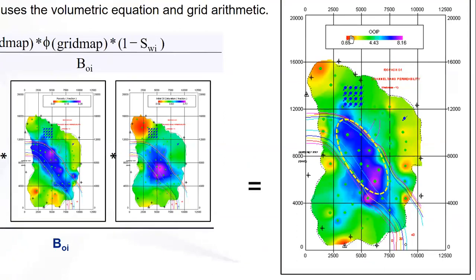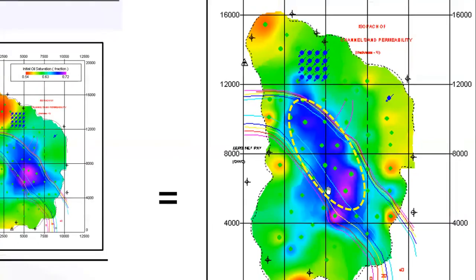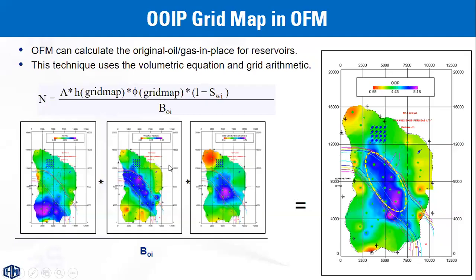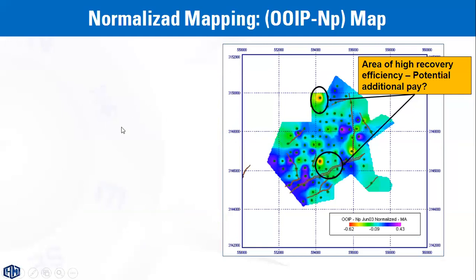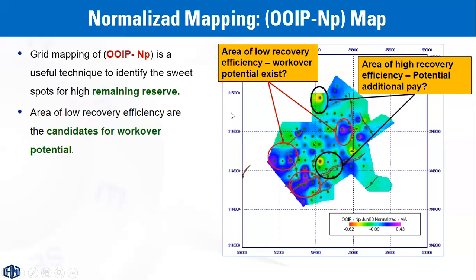Here we have the oil in place or remaining reserve is minimum in this part related to the red or orange color, and close to the blue color we have the highest remaining reserve blocks. Also we have another option, which is normalized mapping, the original oil in place minus the cumulative oil produced, which is the remaining reserve.